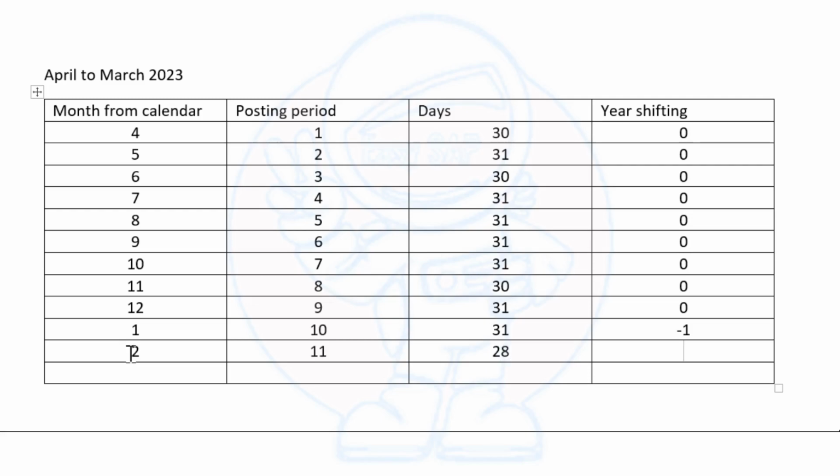Number of days 28 and year shifting will be -1. March is the third month of calendar year, but in our case it's 12th posting period of the fiscal year 2022-2023. Number of days 31 and year shifting will be -1. Year shifting applies only in case of non-calendar year.